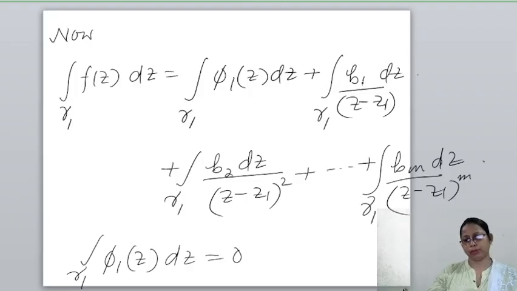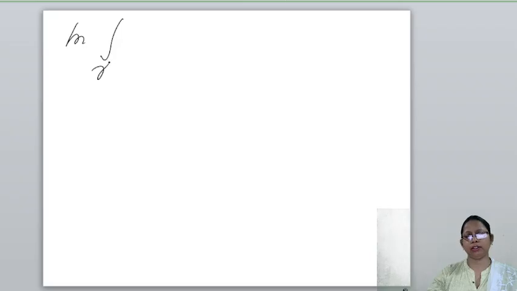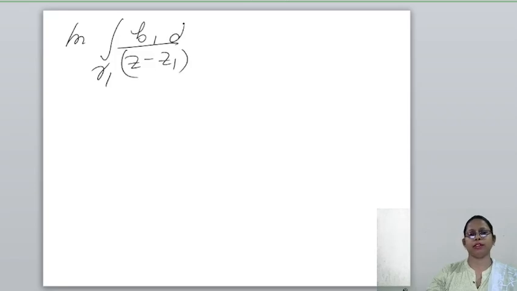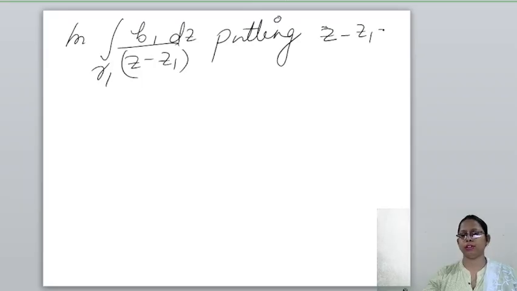Next we are going to find the integral over gamma 1 of b1 dz by (z minus z1), putting z minus z1 equal to r e^(i theta).